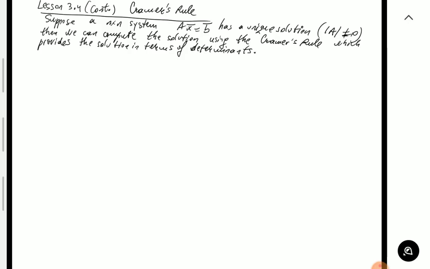That doesn't say much, obviously, but let's illustrate what that method entails.